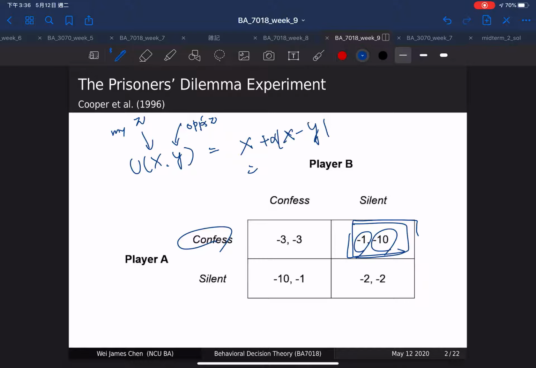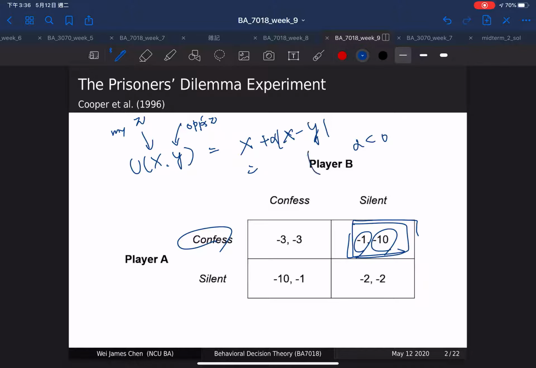So I care about my payoff, which is x, but I also care about the difference between my payoff and the other person's payoff. If the difference is too big and alpha is negative, it will actually make me unhappy.